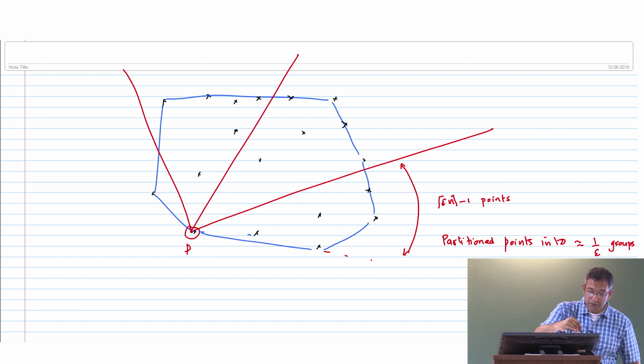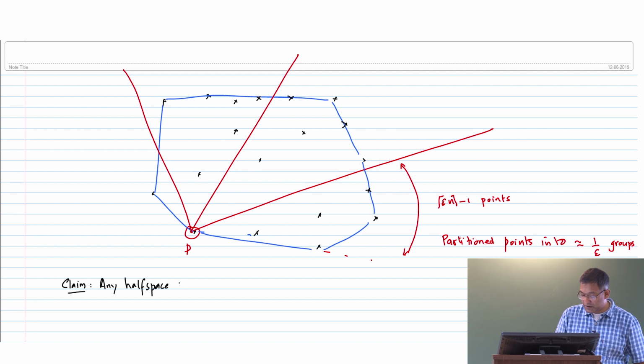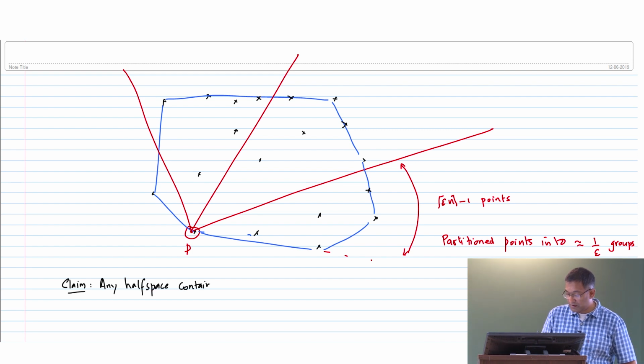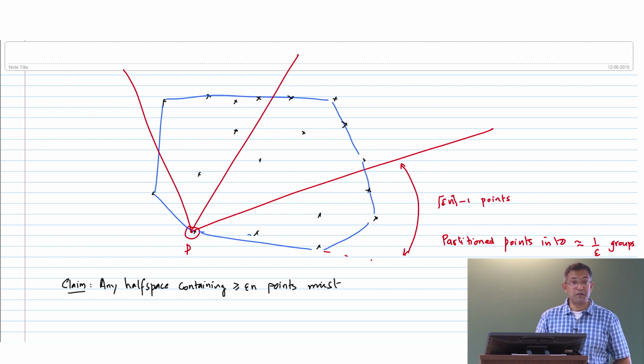Now let's look at a half space that contains epsilon n points. So, claim: any half space containing at least epsilon n points must do what?